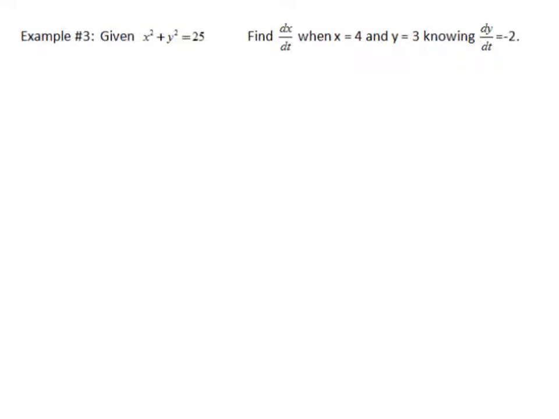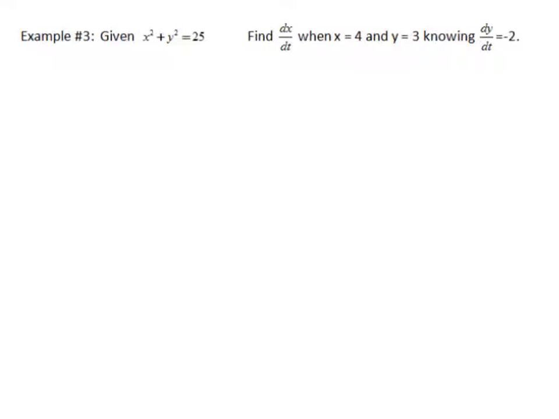Alright, so what you might notice about example number 3 that's slightly different than the ones that we've just talked about is that the relationship here is not given explicitly. This is given implicitly, that x squared plus y squared equals 25. You may recognize that as the equation of a circle centered at 0, 0 with a radius of 5.